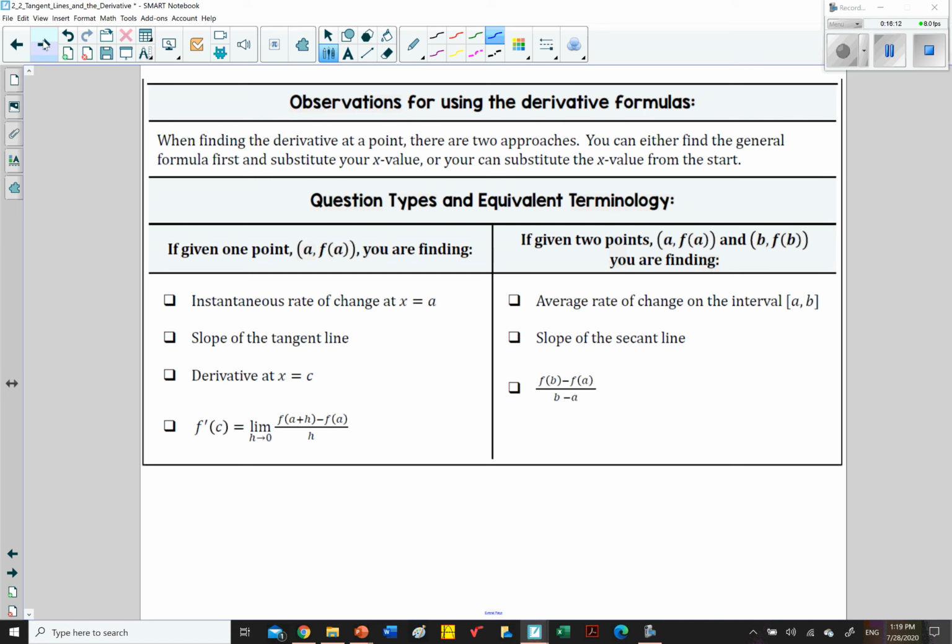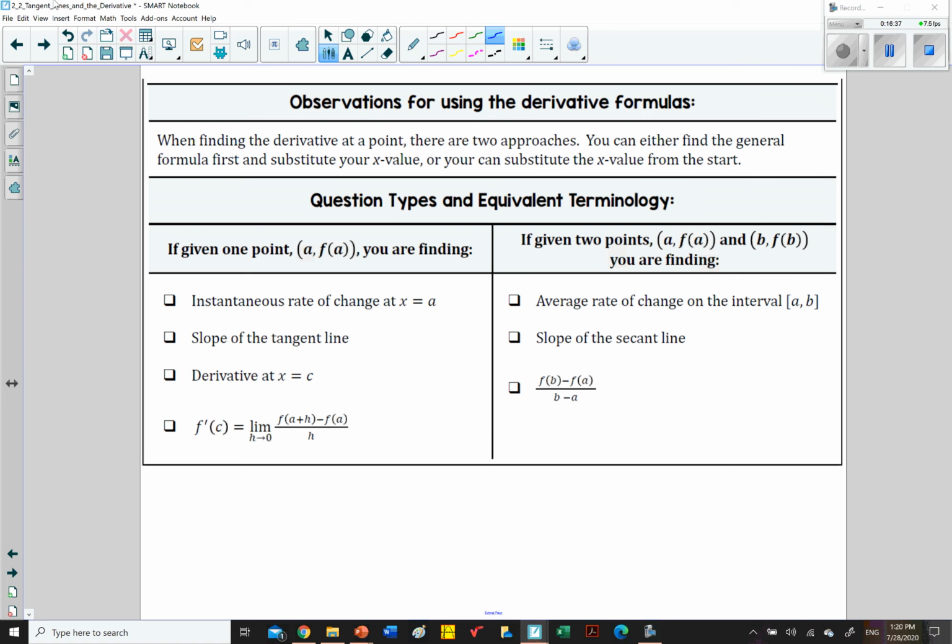Okay, observations for using the derivative formulas. When we're finding the derivative at a point, there's 2 different approaches. You can either find the general formula first and substitute your x value, or you can substitute the x value from the very beginning. So we've kind of done both things. And here on this chart, there's the 2 different ways.